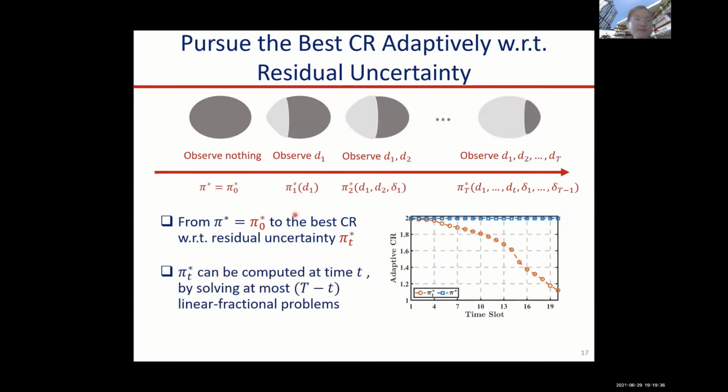Similarly to before, the best competitive ratio with respect to residual uncertainty can also be computed by solving linear fractional problems. From this figure, we can see as time goes on, the uncertainty decreases and the best competitive ratio with respect to the residual uncertainty also decreases. This decrease indicates strong average case performance.